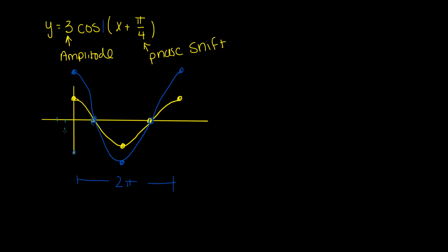Let's say this is pi over 4, because if this is pi over 2, this would be pi over 4. So each of these, let me choose a different color. I'm going to choose this pink color. Each of these points would move back by a length of pi over 4, and you would have something like the pink line.